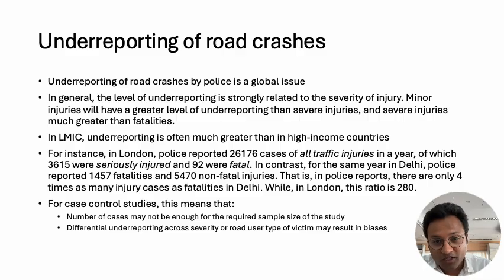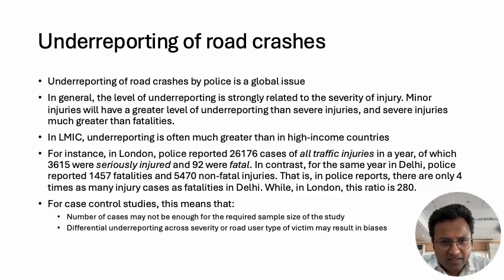If you want to have enough cases in your data set to do a good statistical analysis, but your data source may not allow you to do so because it's an artificially small data set. The actual number of crashes taking place on the road is much higher. So sample size becomes very crucial.